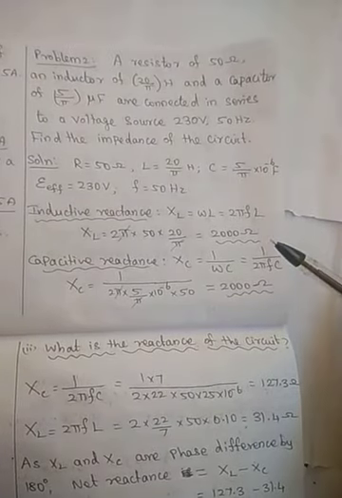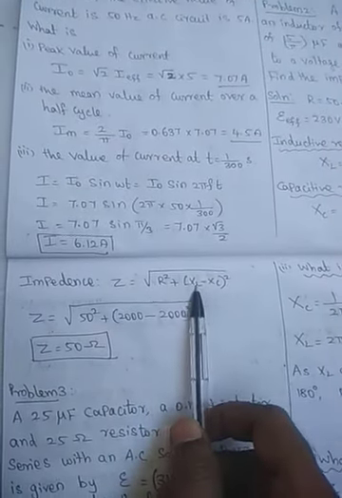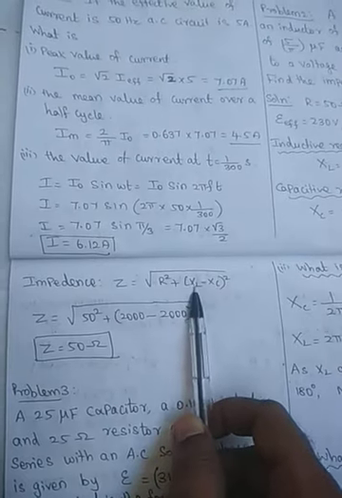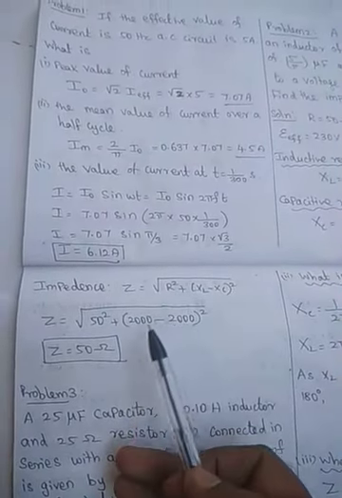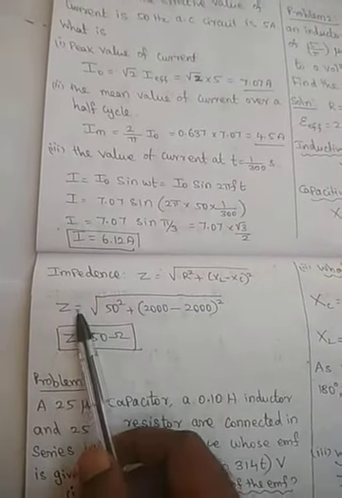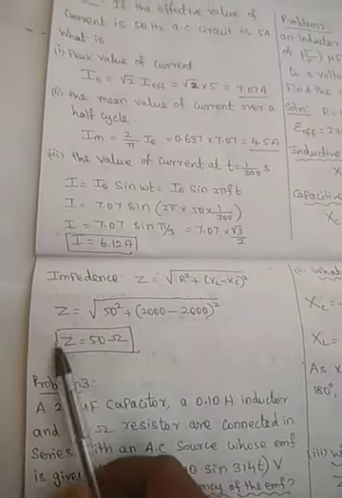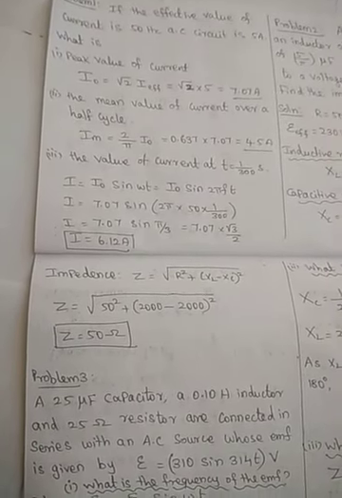It is a resonance condition. So the impedance Z is equal to root of R square plus XL minus XC the whole square. XL and XC are equal, so it will become 0. Then the circuit becomes purely resistive. This is a resonance condition. So Z, the impedance value, is only the resistance value, 50 ohm.